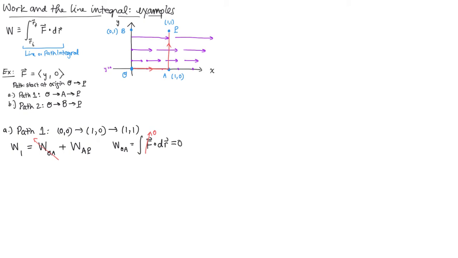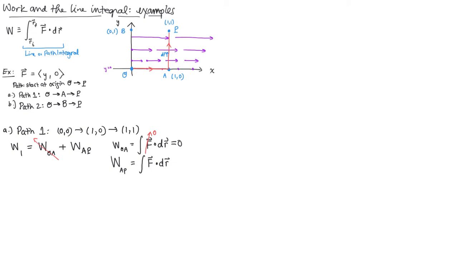Okay. How about the work done as we go from A to P? That's going to be the integral of F dotted into dr along that path. But notice something about the dr, which is a little segment along that path.